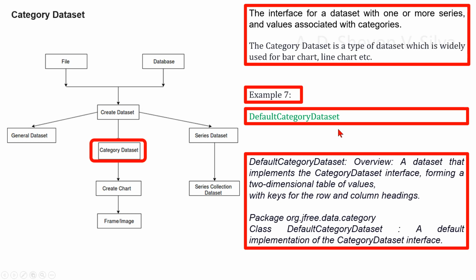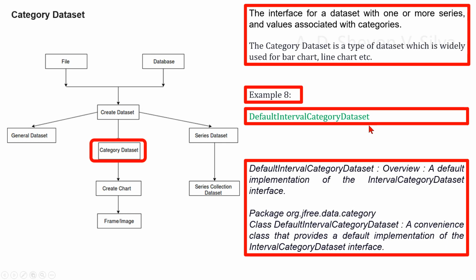The column headings are the categories for the dataset, while the row headings are the series keys. The dataset is commonly used to create bar charts but can also be used for other chart types.